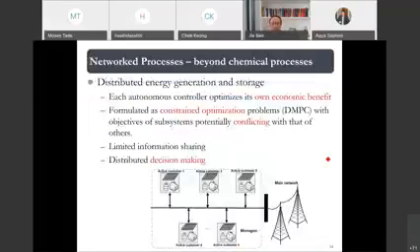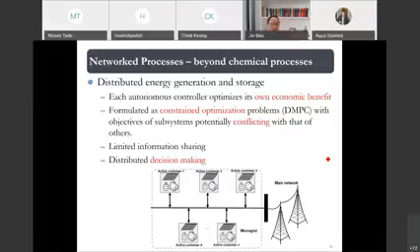These days, the idea of distributed economic model predictive control has been implemented in other areas rather than just chemical processes. One of the areas we have been working on is distributed energy generation and storage. If you look at the diagram here, we are looking at many different consumers, and each consumer may have solar panels on the roof as the energy generator.